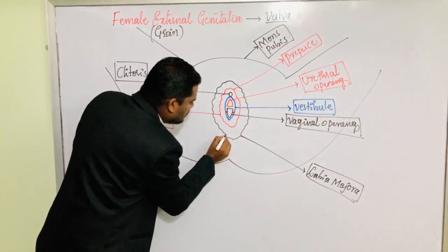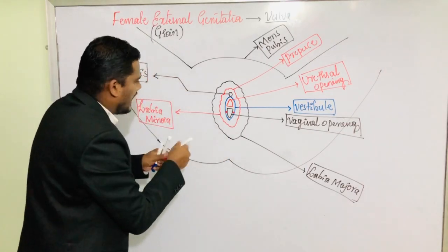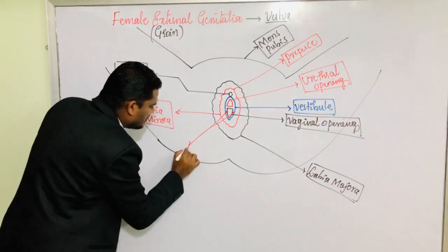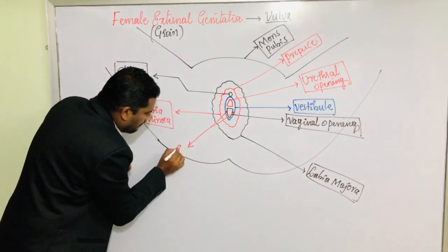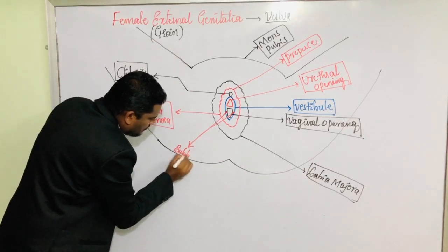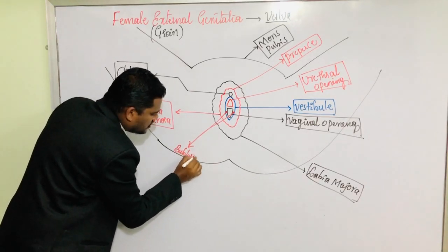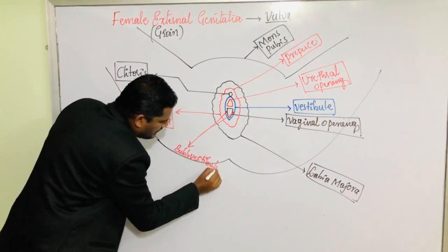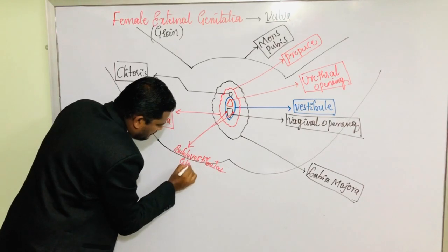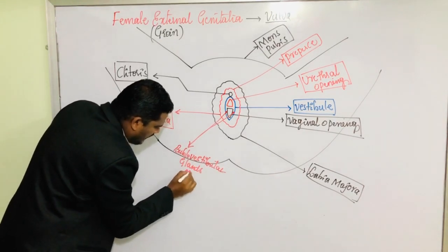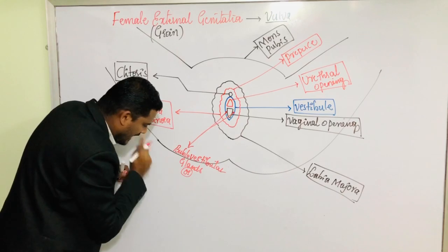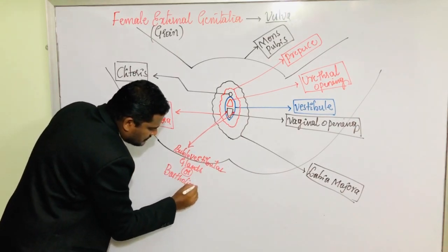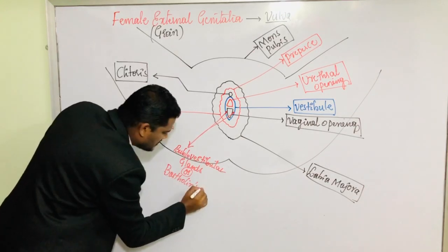These two glands are called the bulbovestibular glands, or they are also called Bartholin's glands.